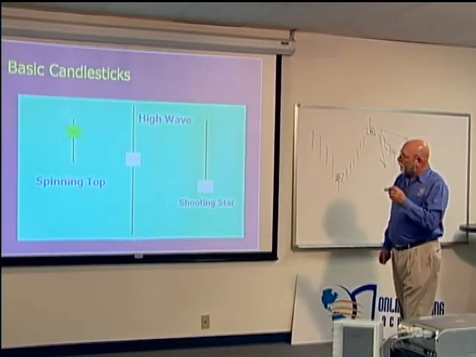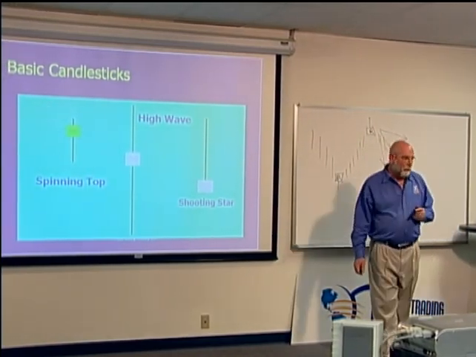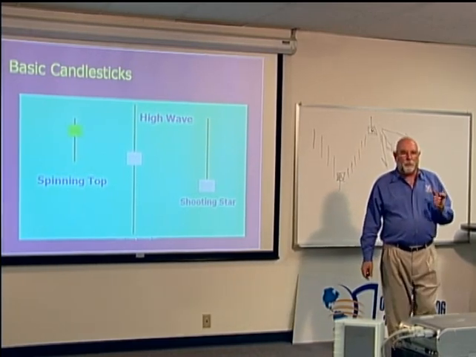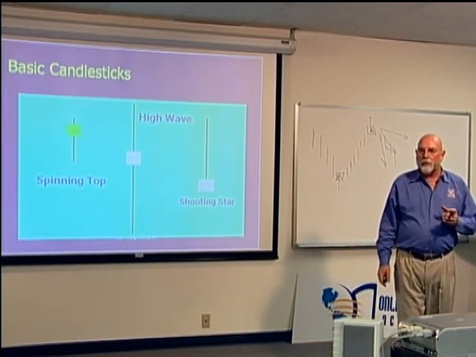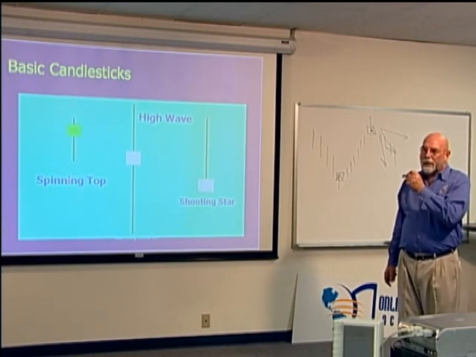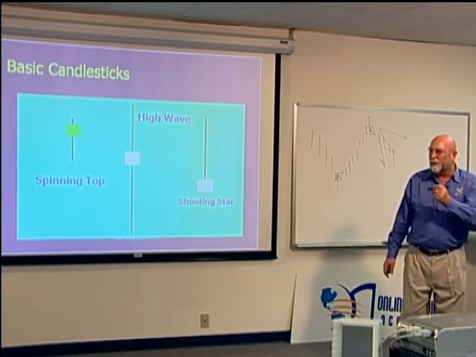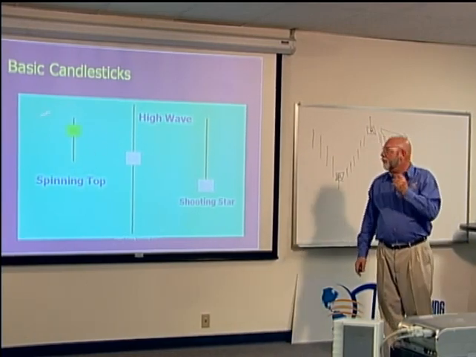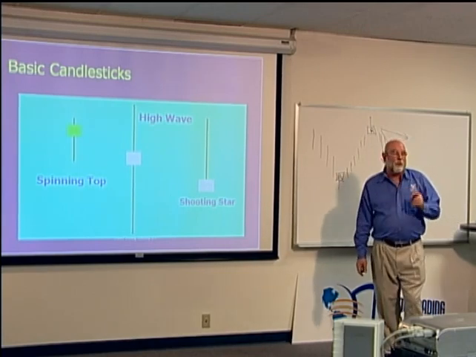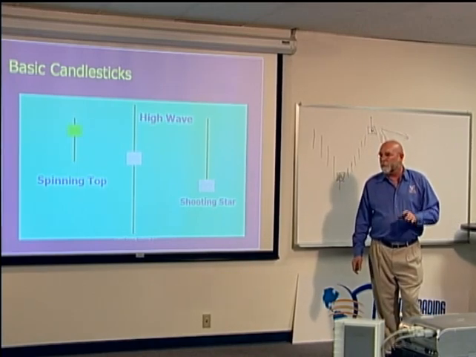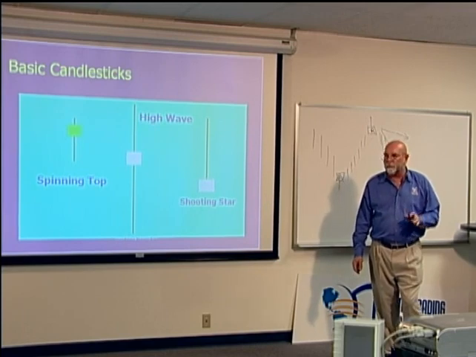Anyhow, spinning tops are more or less like dojis. They have a little bit of bias in them. There's a little selling pressure on the top, a little buying pressure on the bottom, a little real body. Generally, you will find these associated with lower volume and therefore not having very much effect on the market.